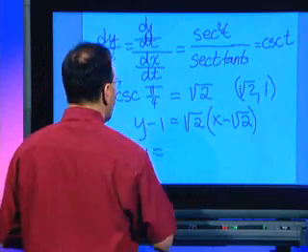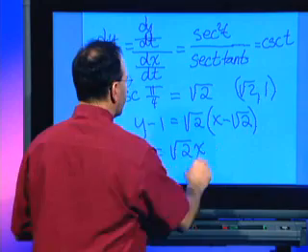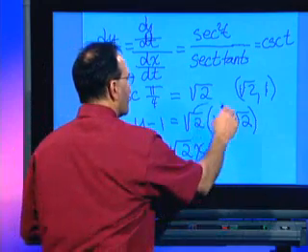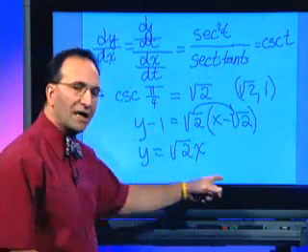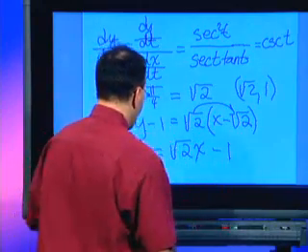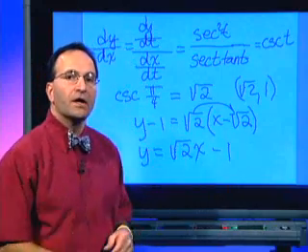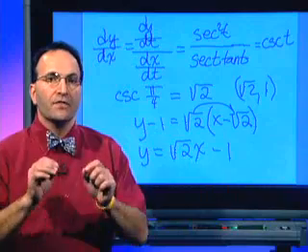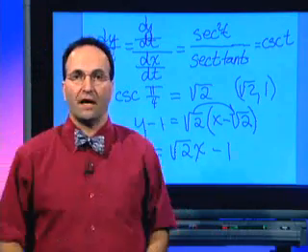So we have y equals the square root of 2 x, and then square root of 2 times the square root of 2 is going to be minus 2, and then we're going to add 1 to that, so we get minus 1. So that would be the equation of the tangent to the curve, finding it by using the derivative parametrically.